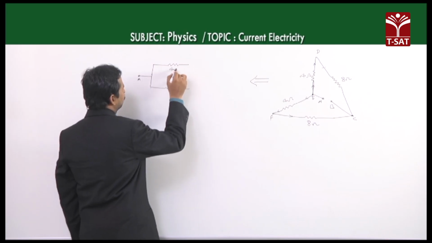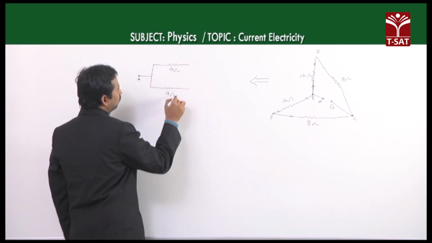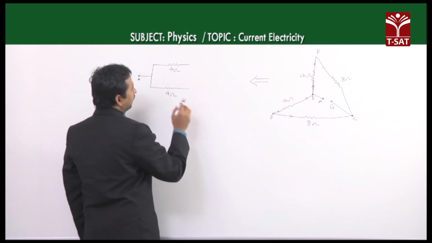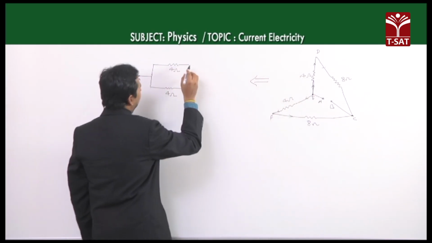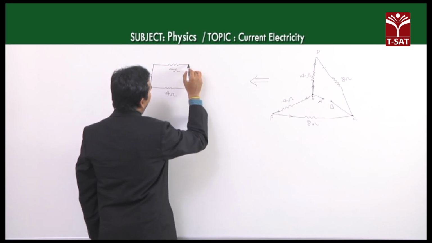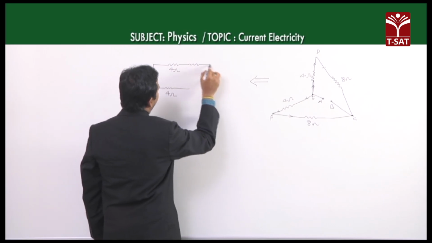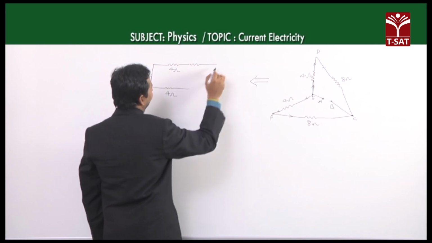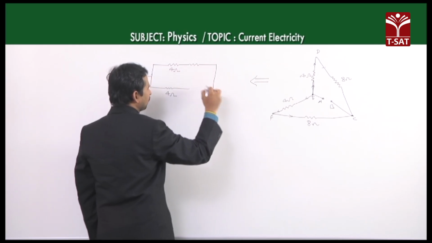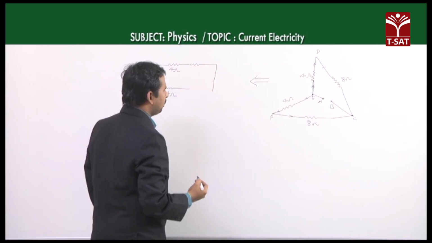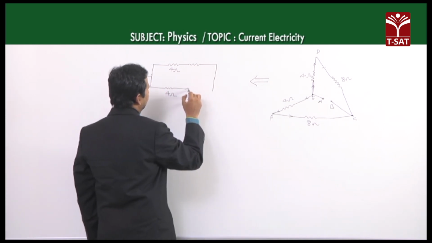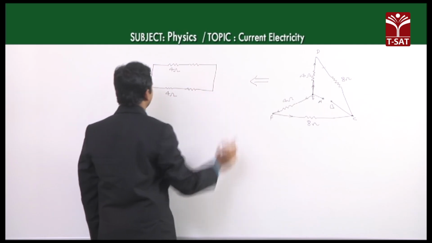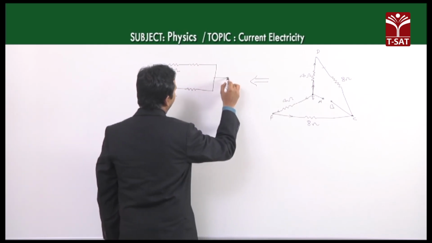So, this is 4 ohms and this is also 4 ohms, which is the ED part, and now we are taking the next part, which is 8 ohms, in series to that one, like this, which is the point C here, and again that 8 ohms is connected to the 4 ohms there. So, again here we are taking that 8 ohms like this.